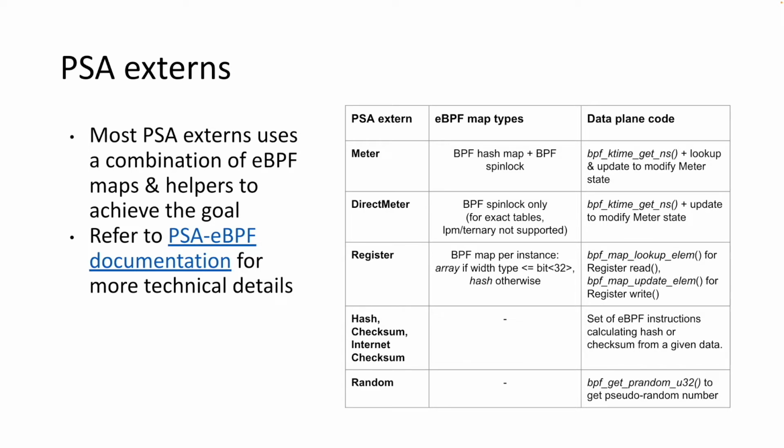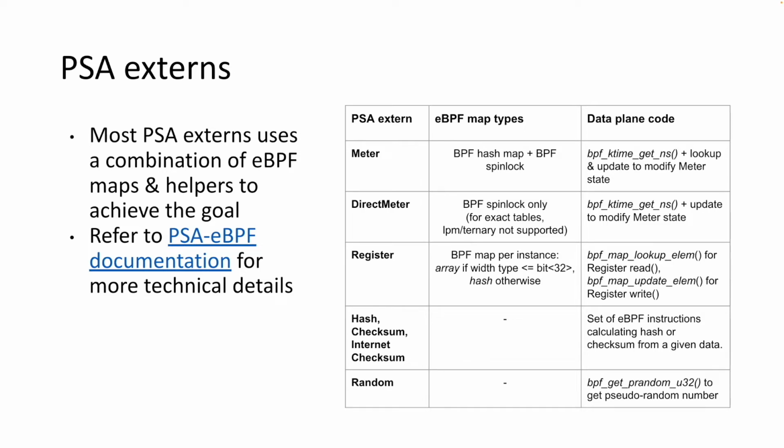Next, we implement registers for stateful processing. Registers use either BPF array map or BPF hash map, depending on the width type of index. Then the eBPF programs perform a lookup to a map for register read operation and update to a map for register write operation.